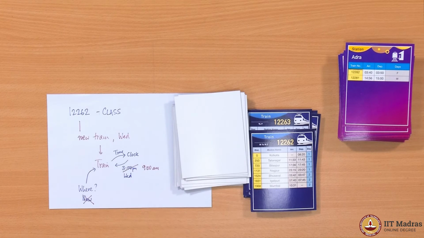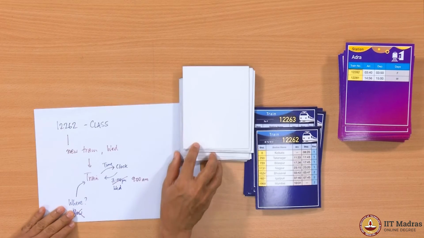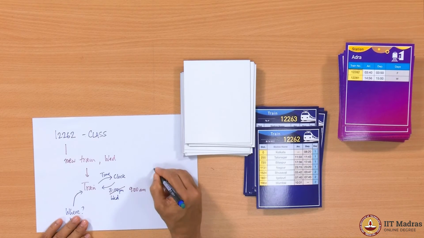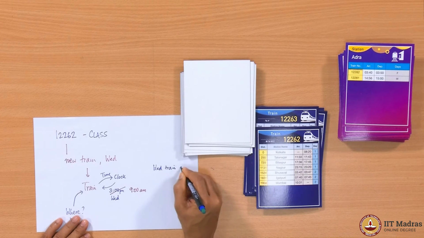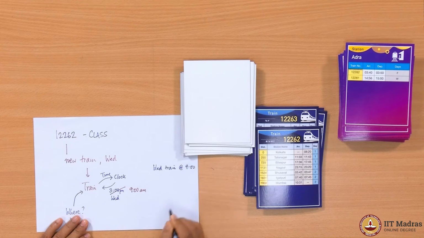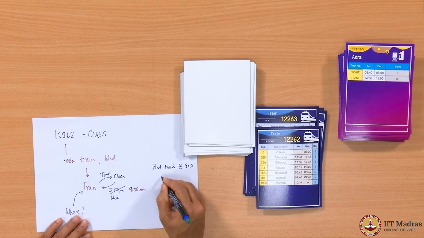It is somewhere between Kolkata and Tata Nagar. But at the same time we could have also created trains before this on Monday and Tuesday. Let us say we created a Tuesday train. The Wednesday train tells us it is between Kolkata and Tata Nagar at 9 o'clock on Wednesday. Oh, I see. Okay.